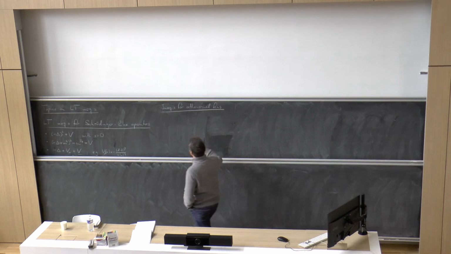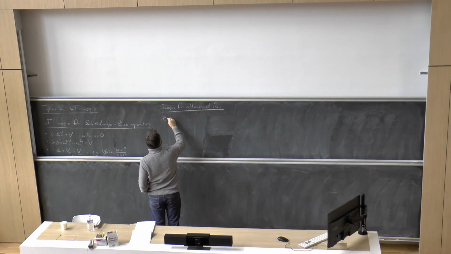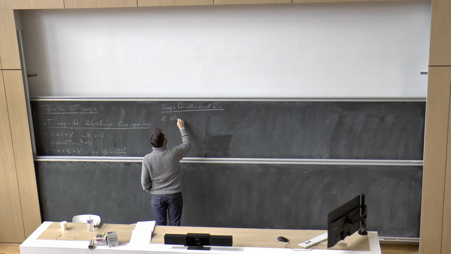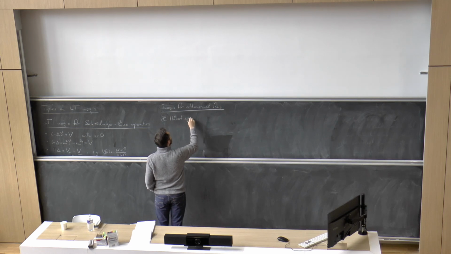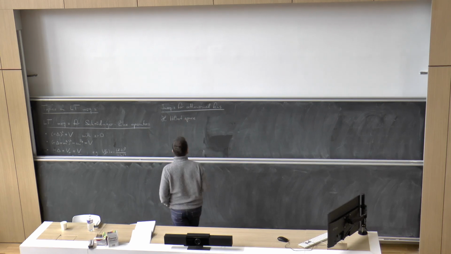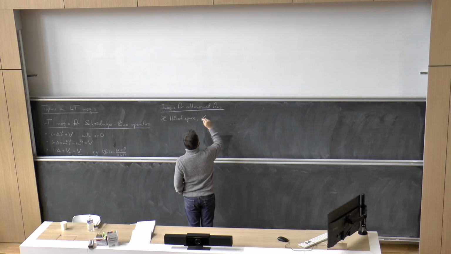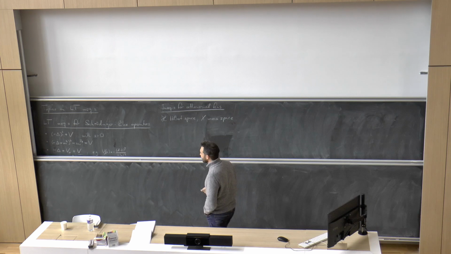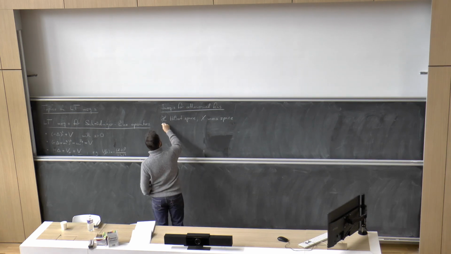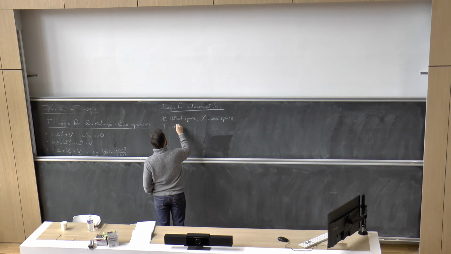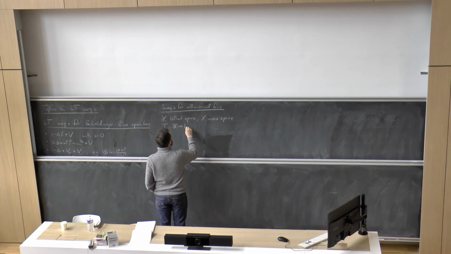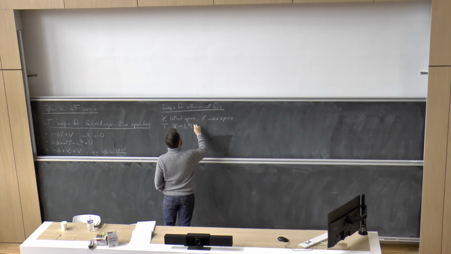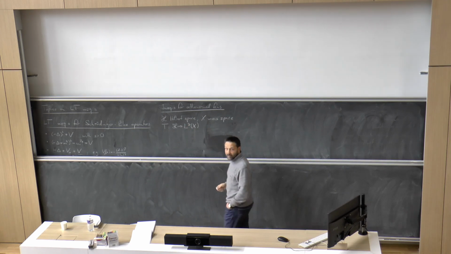So here, let me start. I have a Hilbert space, so it's very abstract. Let H be a Hilbert space. Let X be a measure space. And let T be an operator from the Hilbert space into some LQ space.